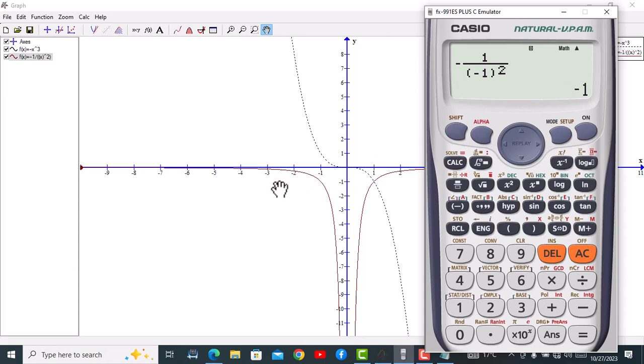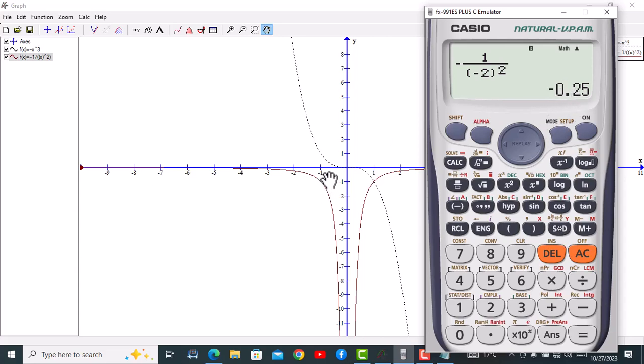So let me take the second one as -2 and check what value I will have. And I get a value of negative 0.25. So which one is bigger?